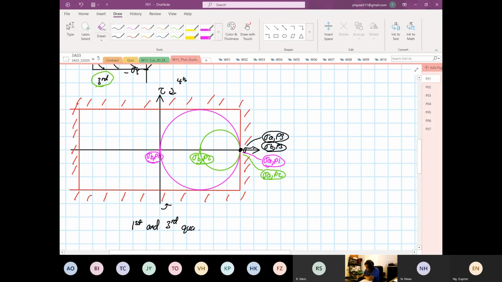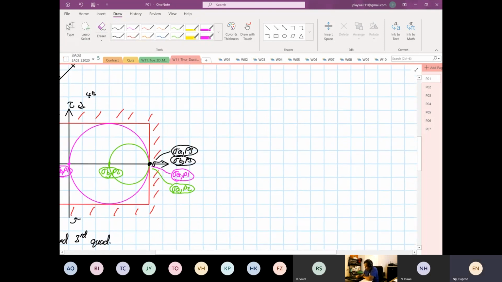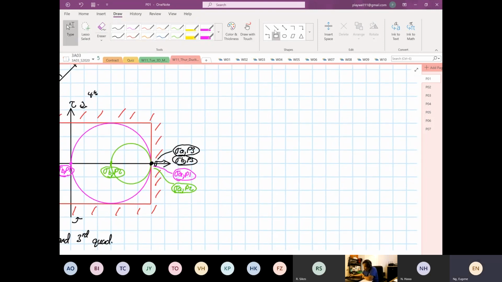And then the next one is for the second and the fourth. So again, this is shear stress, element rotate clockwise, anti-clockwise, normal stress, and then we're going to sketch the operating boundary.